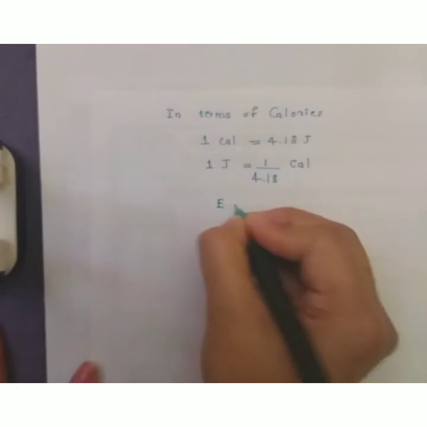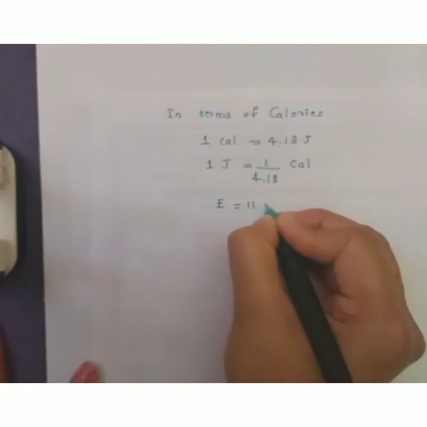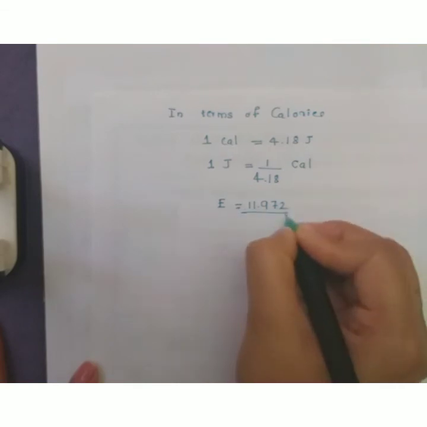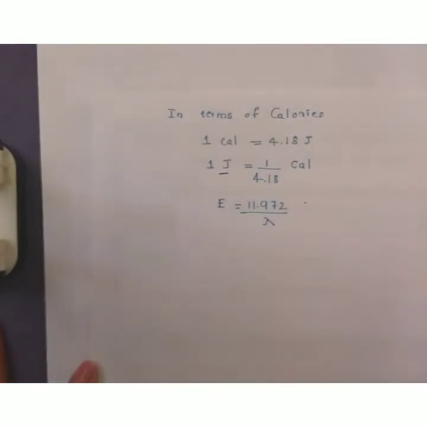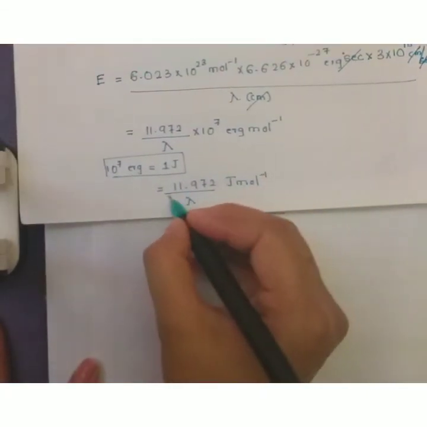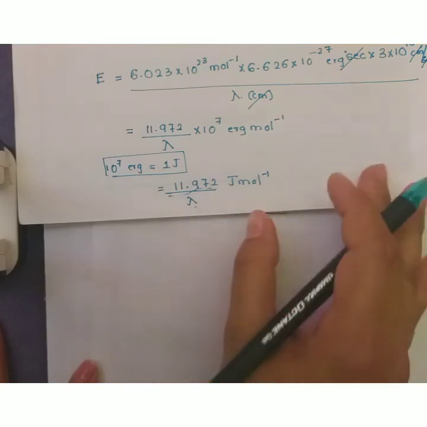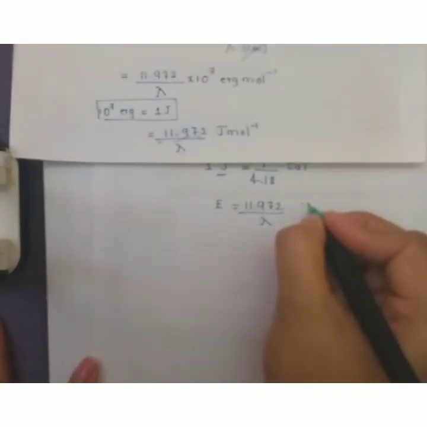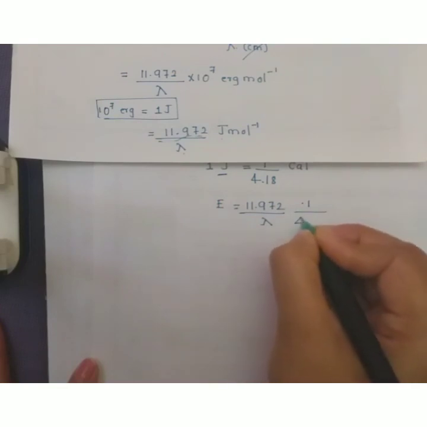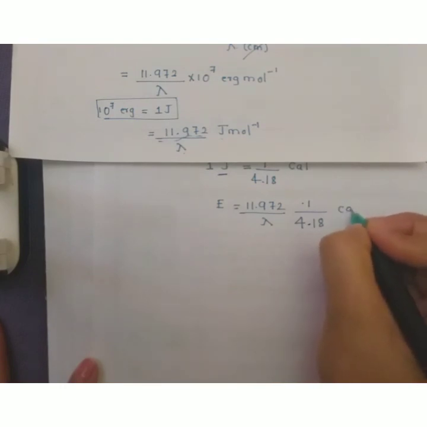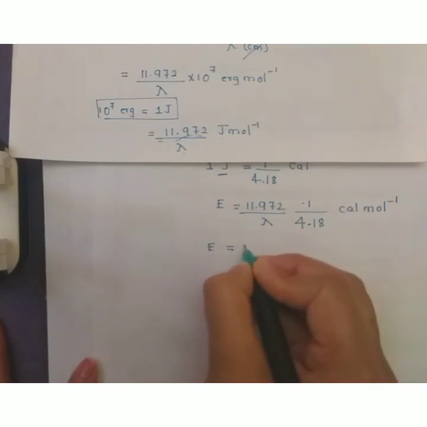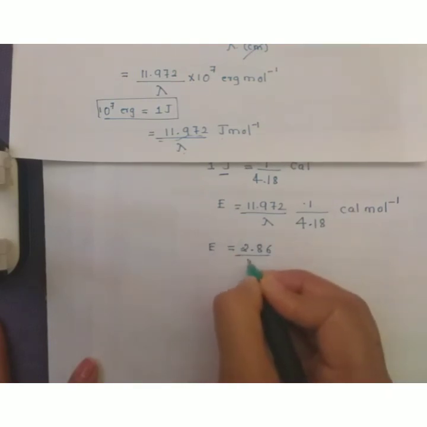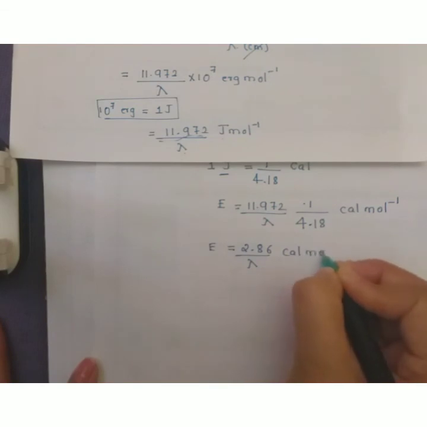The energy becomes 11.972 divided by lambda, and in place of joules we substitute 1 divided by 4.18 calories per mole. After calculating, you get 2.86 divided by lambda calories per mole.